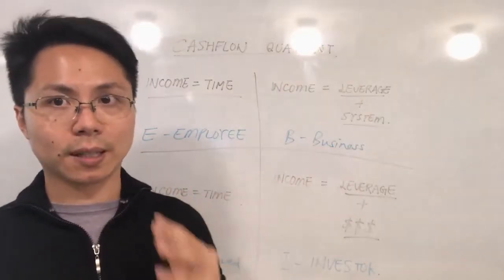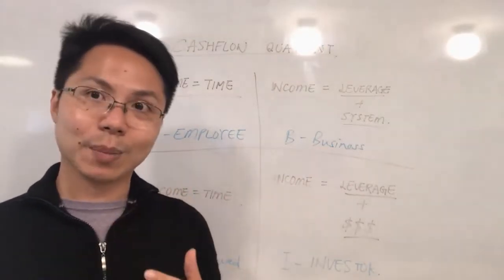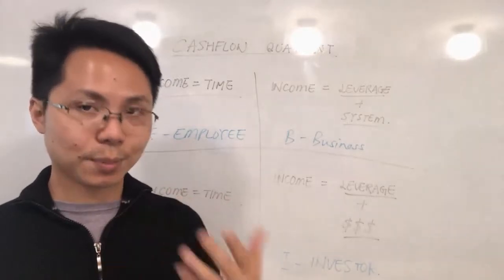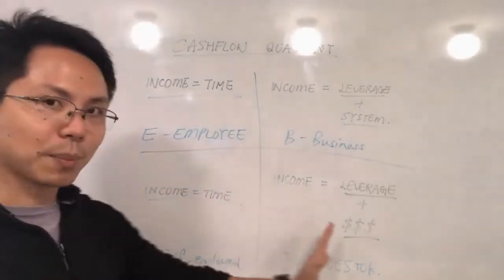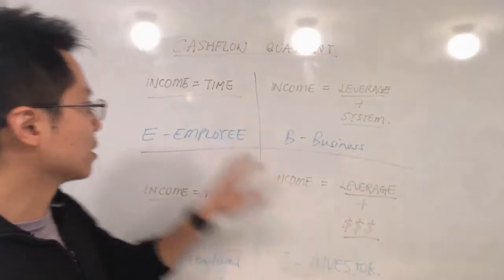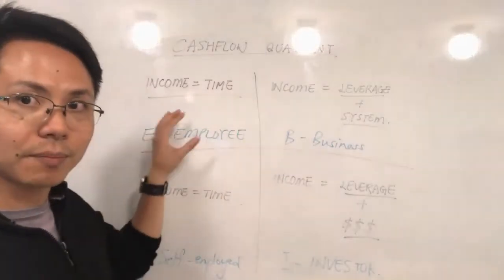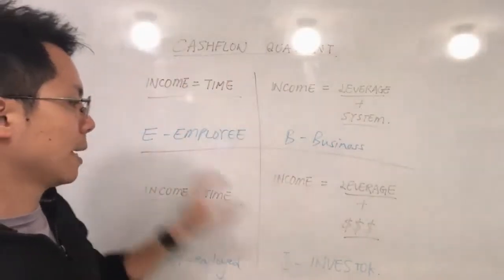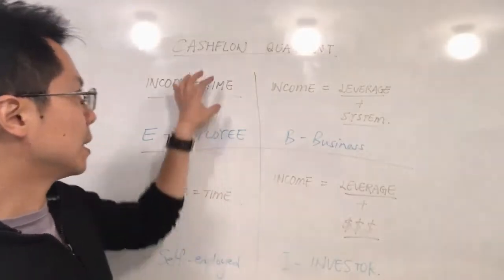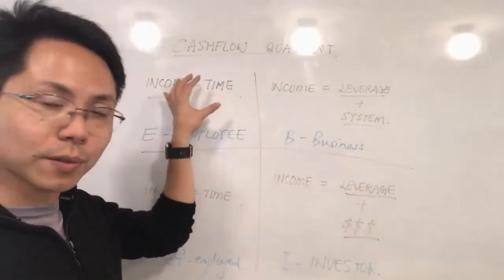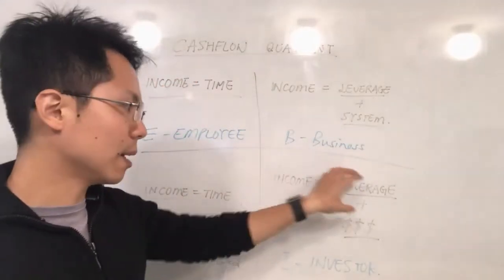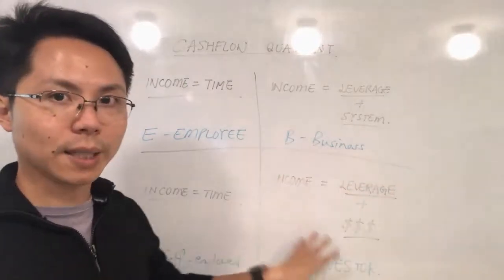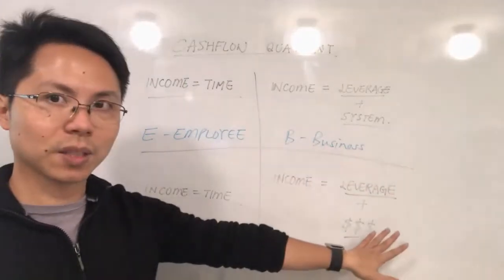And that's what I've been trying to do in the last couple of years when I've built up my portfolio as an investor while I still kept my day job. So I kept my day job because I need the income, and I use the income that I sacrifice, I trade with time, to be able to leverage and generate the passive income in the I stream, in the investor stream.